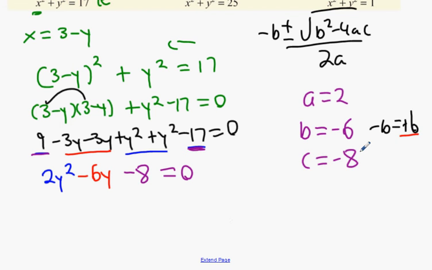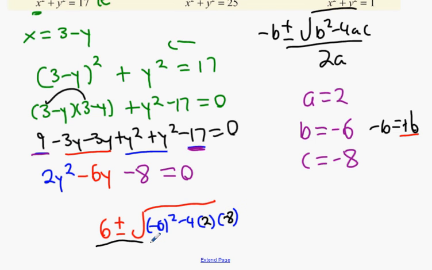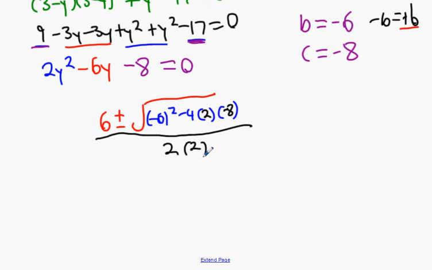Minus b is, but with the numbers, 6 plus or minus the square root of minus 6 squared minus 4ac, which is? Okay, all divided by 2 bracket 2.